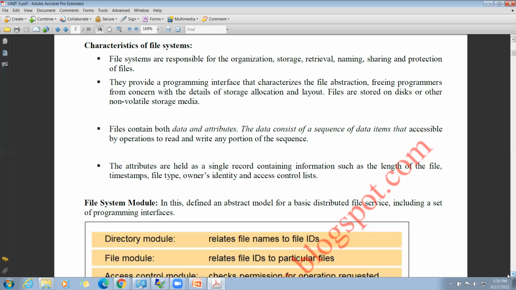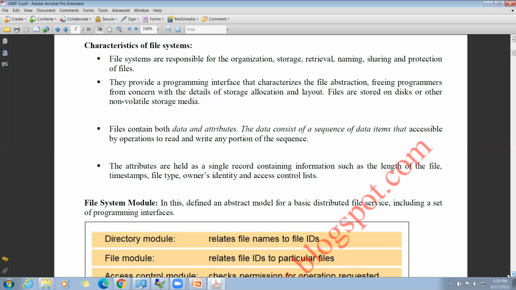The data consists of a sequence of data items that are accessible by file operations. The operations will be like read operation, write operation, etc. The file data can be accessed mainly by two operations, one is read operation and the other is write operation. Here, the attributes are held in a single record containing information such as length of a file.